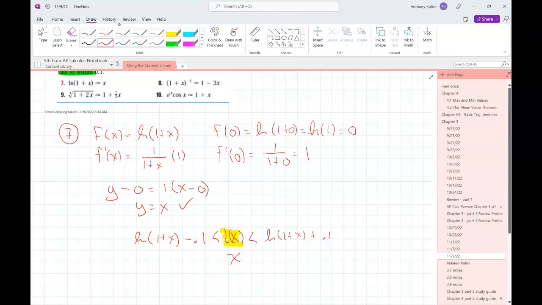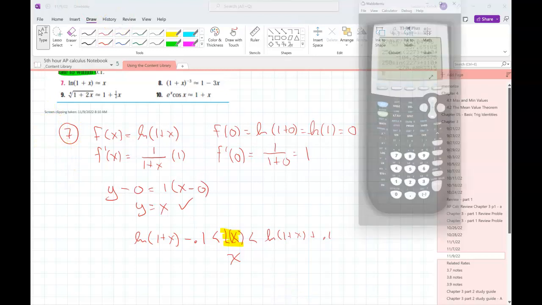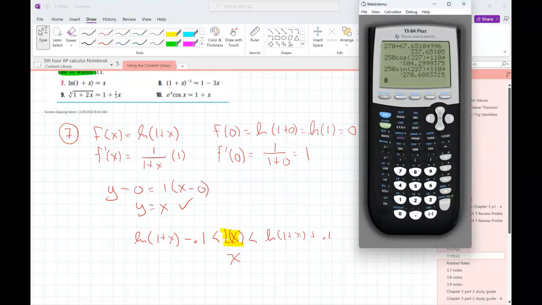The linearization has to be bigger than the actual minus 0.1, and smaller than the actual plus 0.1. So I just cut through the crap and wrote down what I needed. Because I'm not going to do this by hand, since solving a natural log equation or inequality seems like a hassle.